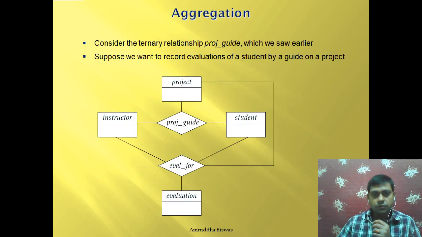Now this is an example of an aggregation relationship. I started with the extended ER modeling features where I mentioned aggregation. Aggregation means, let's suppose there is a ceiling fan which comprises blades, a coil and many other parts.